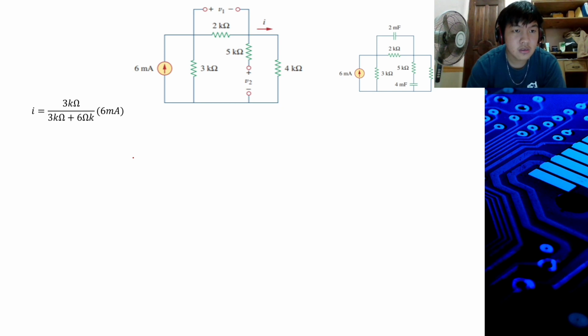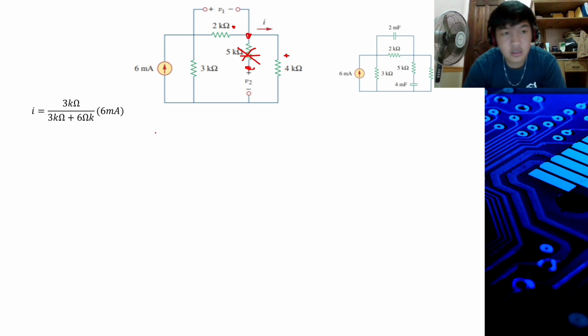The current I equals 3 kilo ohms over 3 kilo ohms plus 3 kilo ohms plus 6 kilo ohms. The kilo ohms cancel out. The 2 kilo ohms and 4 kilo ohms are in series, so we can add them.